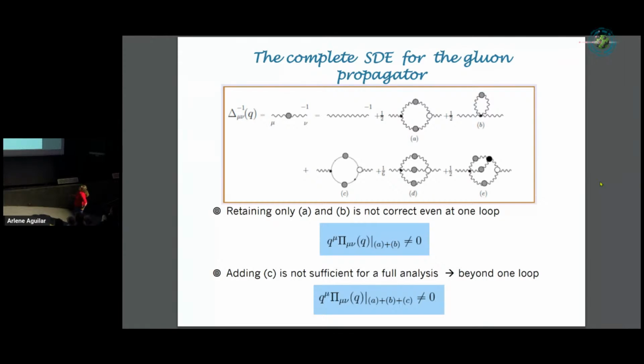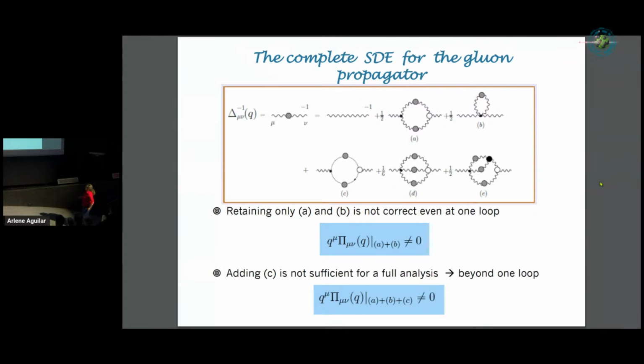The problem is that these diagrams have full vertices and full propagators, and each of these objects has a very difficult tensorial structure. So it's not an easy task to include all these contributions. Basically, in this formalism, it's impossible to keep the transversality of the gluon propagator.